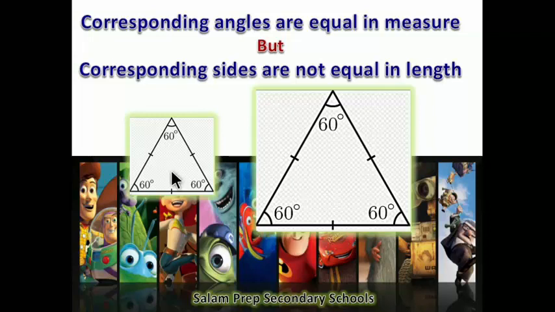The first triangle has three angles with measure 60 degrees, and the other triangle also has angles with the measure of 60 degrees. But corresponding sides are not equal in length. You will find that corresponding sides are not equal in length. Okay?